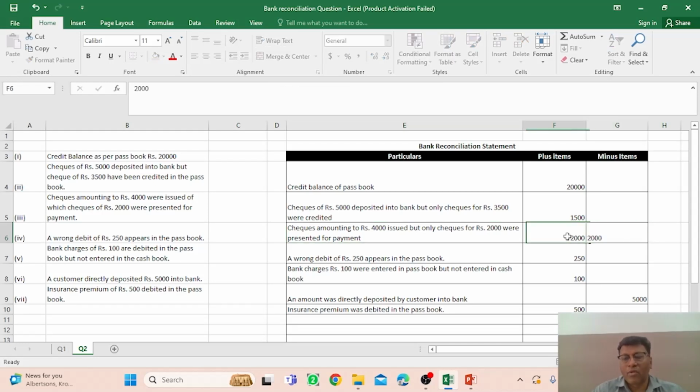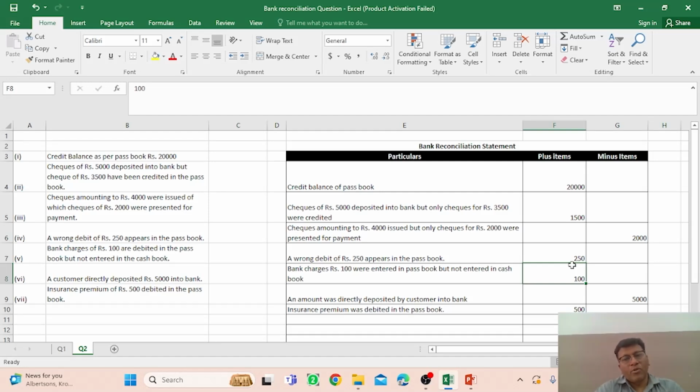Okay, there was a particular mistake, you have to correct it. This is the particular benefit if you go through the question again once. Maybe you already have your solution, but you should verify it as per the statements. In this case, the cash book balance was reduced by 4,000 rupees due to the checks amounting to rupees 4,000 issued to the parties.